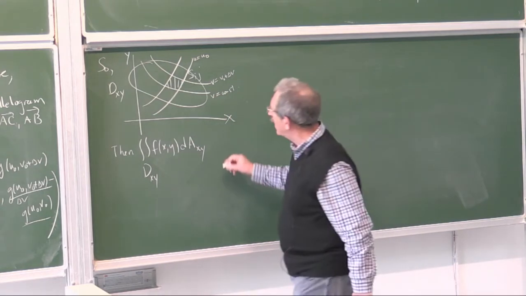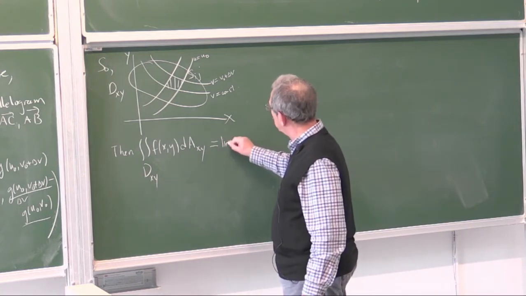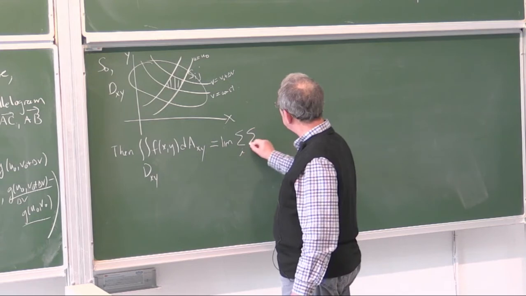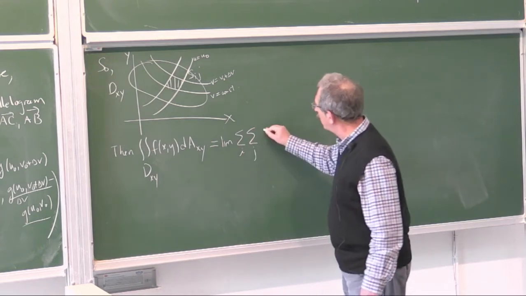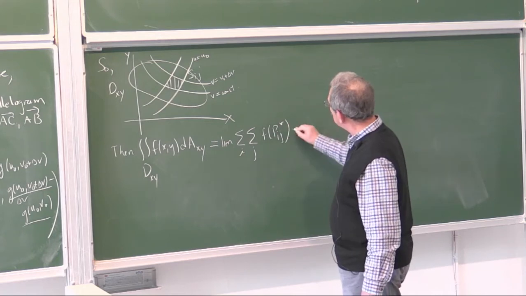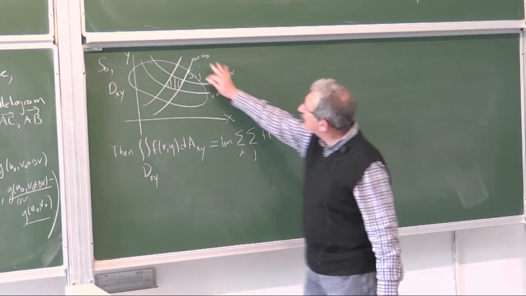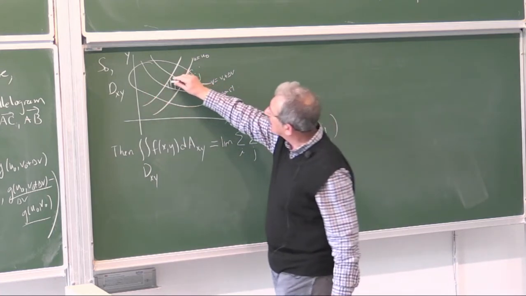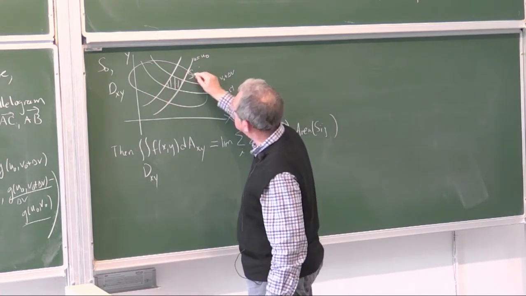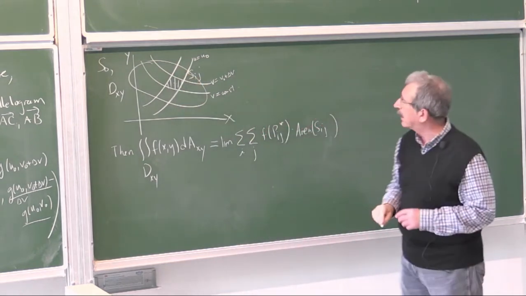Now, that is the limit over i's and j's of f of Pij star times the area of Sij's, because I divided this into small Sij's, a lot of them. I'm just taking one of them here as an example.